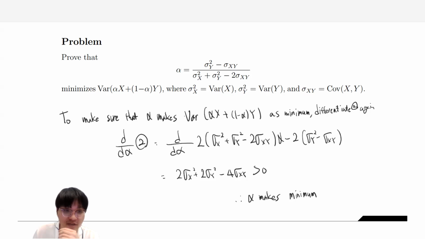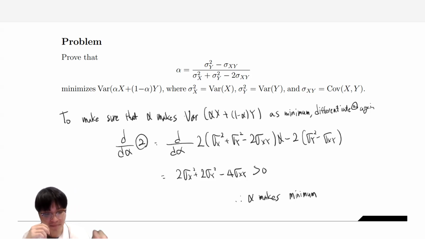So if we differentiate f prime of alpha again, we get 2 times sigma x squared plus 2 times sigma y squared minus 4 times sigma xy. And this is positive.